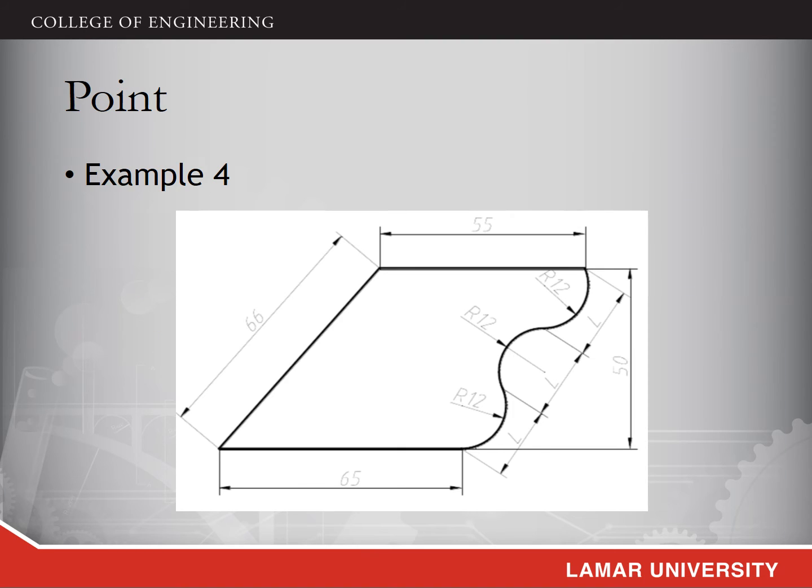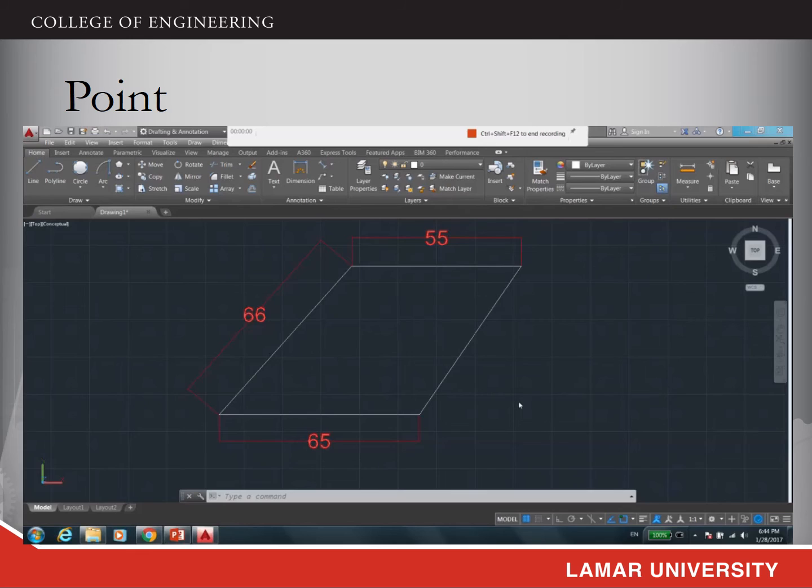At last, I will show you how to use the divide and arc commands to complete the figure in this example. In this demonstration, I will just show you how to draw the arcs in the example. First, we have to use the divide command to divide this line into 3 even segments.